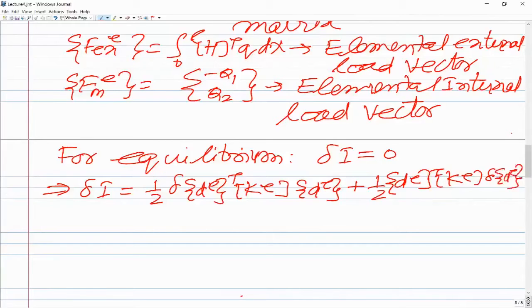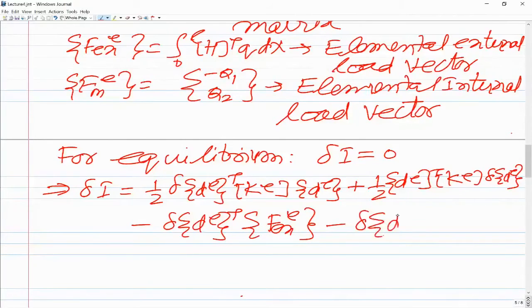I'm treating the first D as the first function and the second D as the second function, so it is first function into variation of second plus variation of first into second. That is how you get these two terms in delta I. Then minus delta of D transpose into F external for the element, minus delta of D transpose into F internal for the element, and this is equal to 0.